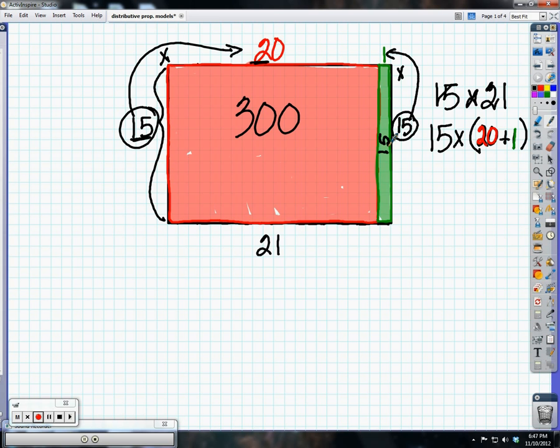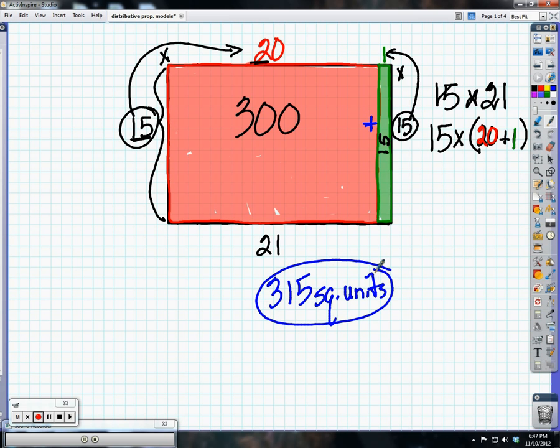And that rectangle has 15 squares, or 15 square units. So to get the total amount, I would add 300 plus 15, and therefore I would get 315 units in the shape of squares, or 315 square units.